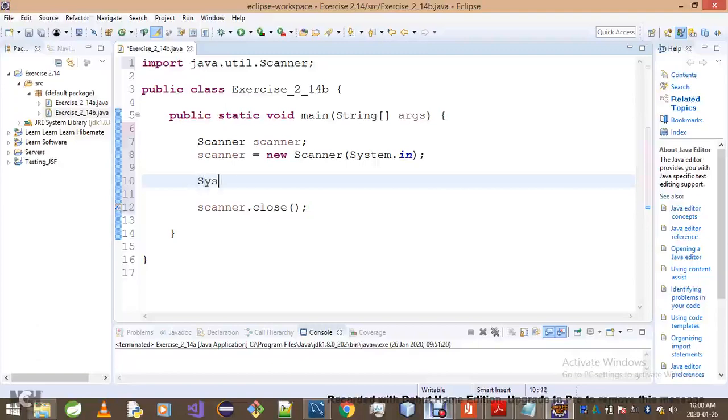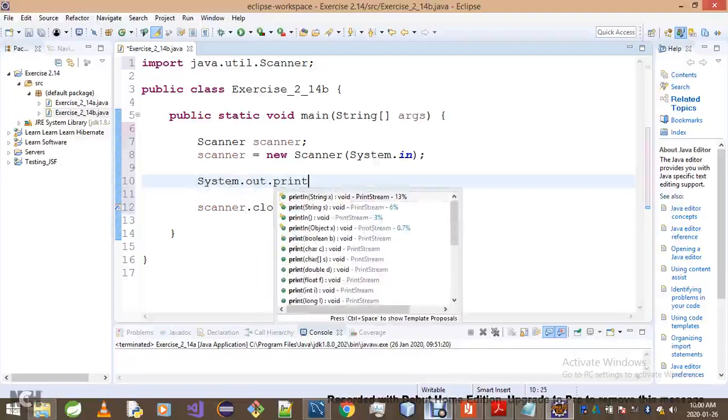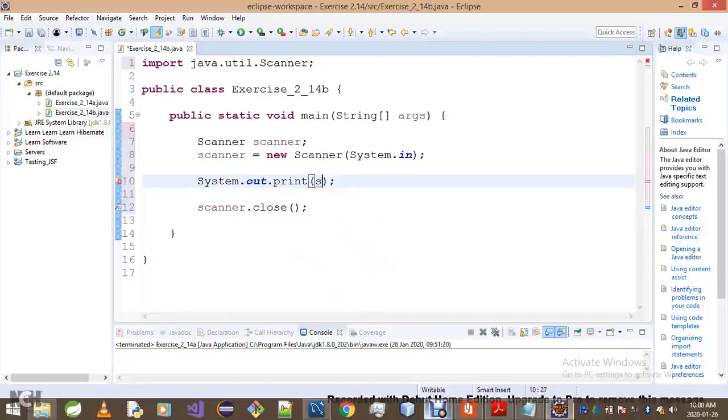Now it's time to print. In fact, it's time to prompt our user: enter weight in pounds.